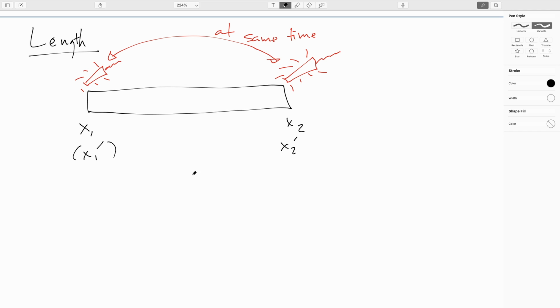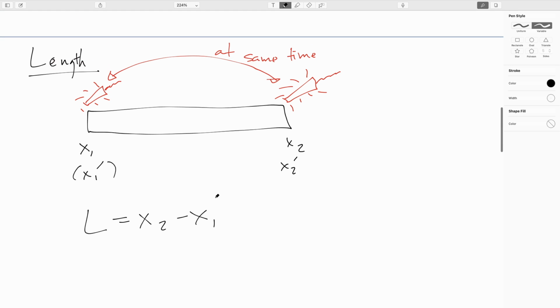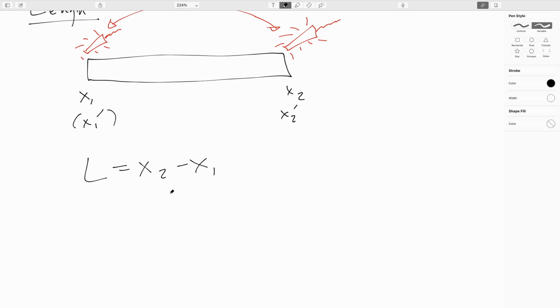So how long would S say our stick is? Well, they would say that the length is x2 minus x1. Let's see how long S prime says it is and see how that compares. S prime would say that the length they measure would be x2 prime minus x1 prime.